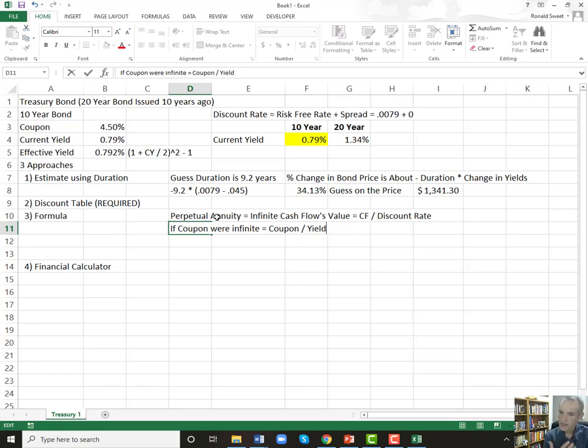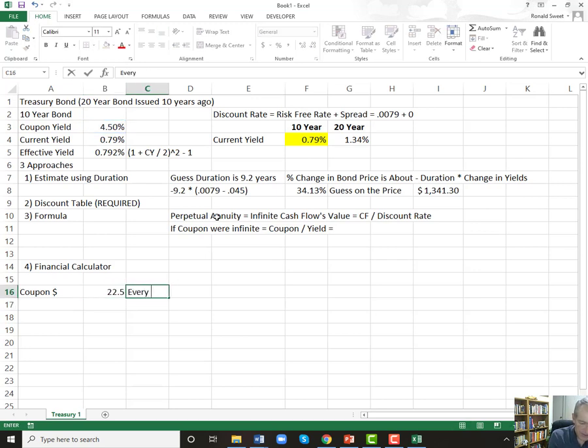Well, in this case we're not getting a coupon once a year, we're getting it twice a year. So what is the coupon? The coupon up here is the coupon yield, but we want the coupon in dollars. It's going to be 4.5% times $1,000 divided by 2.